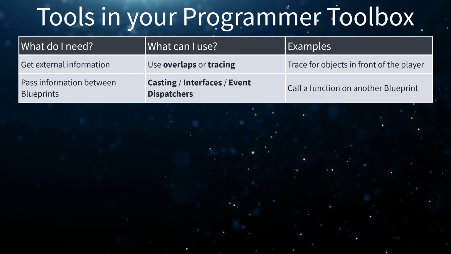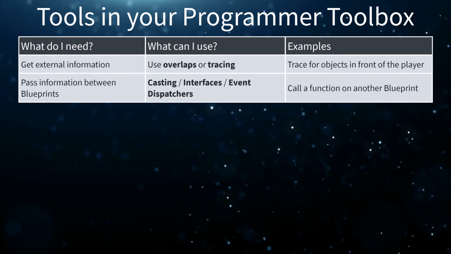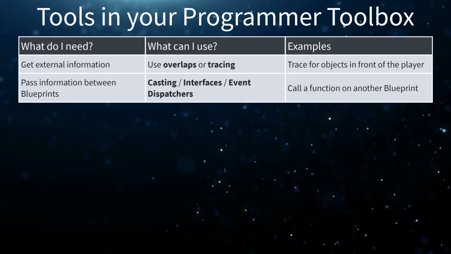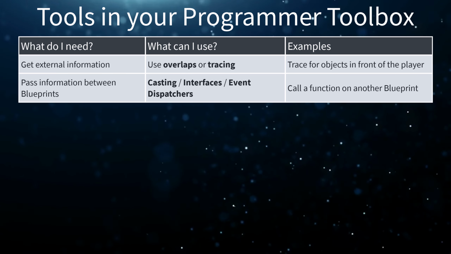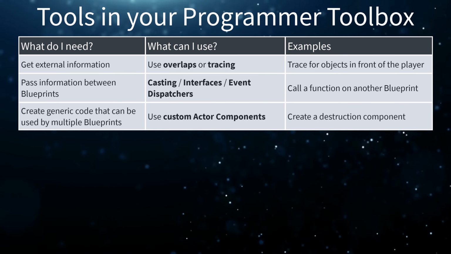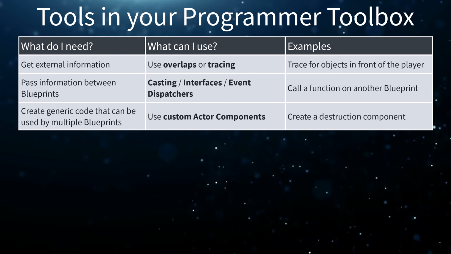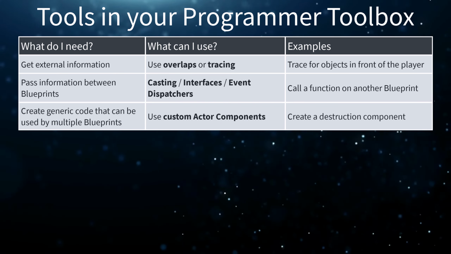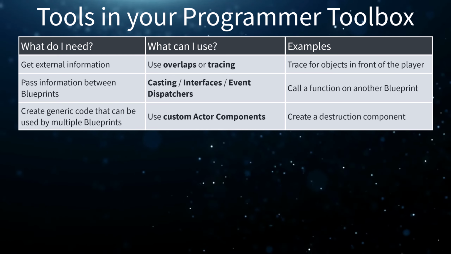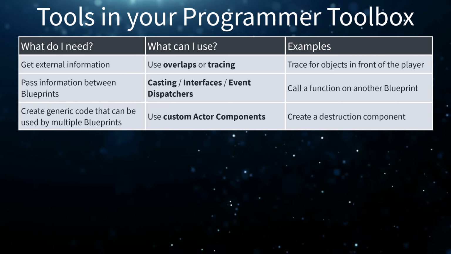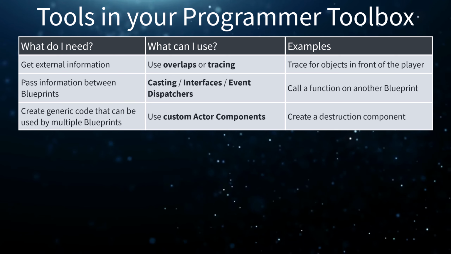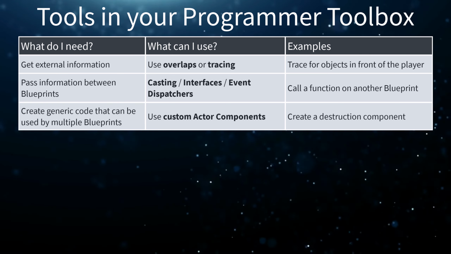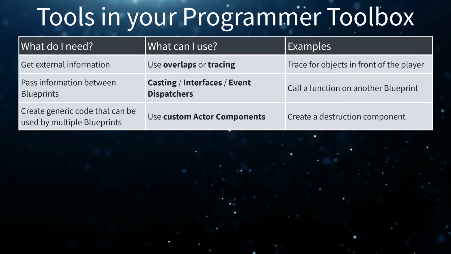For example, if you want to call a function on another blueprint, you would use blueprint communication. And if you want to create generic code that can be used by multiple blueprints, you can create a custom actor component. For example, you could create a generic destruction component that you can attach to any number of blueprints that would take damage and destroy its parent.